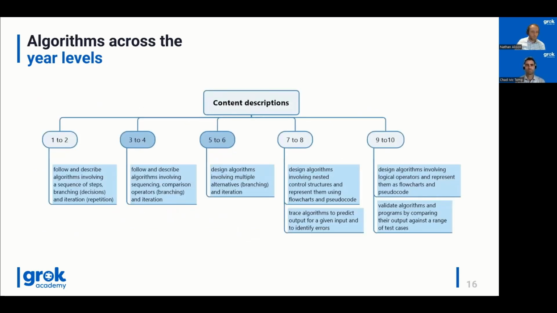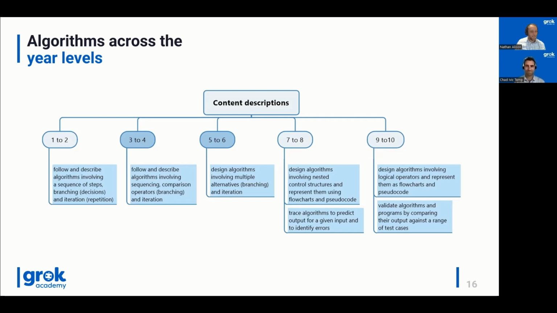When we look at algorithms across the year levels, we can see that this particular concept of designing algorithms builds up all the way from years 1 and 2, all the way up to 9 and 10. So you can see where we've highlighted where years 3 and 4 and years 5 and 6 fit in that sequence. You could almost say this sequence is a bit of an algorithm, you're kind of following through.